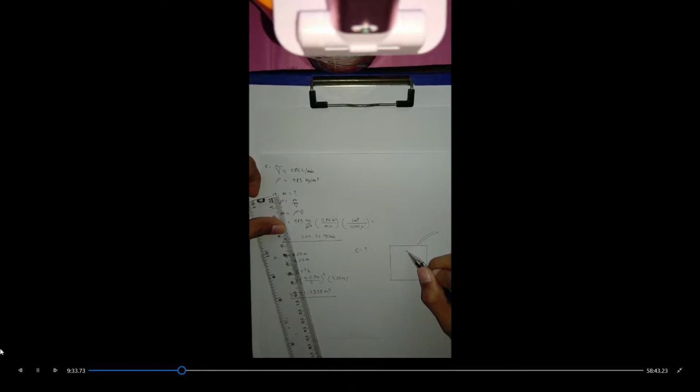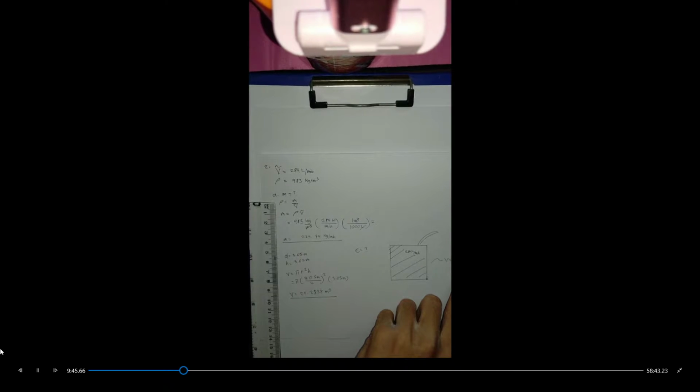Let's say you have a water hose, this one, and it fills the tank at a rate of 284 liters per minute, and the overall volume of this tank is given as 22.2838 meter cube.